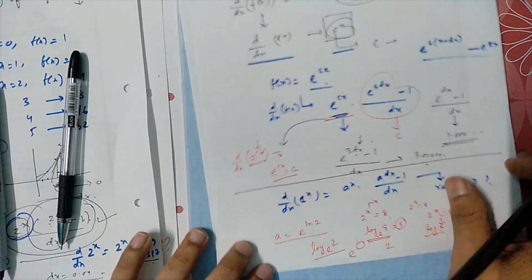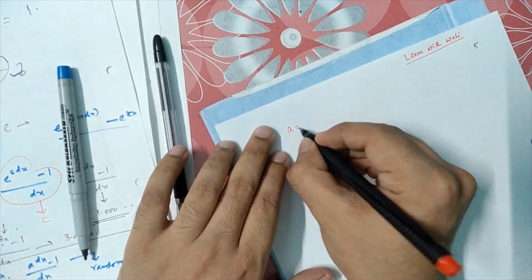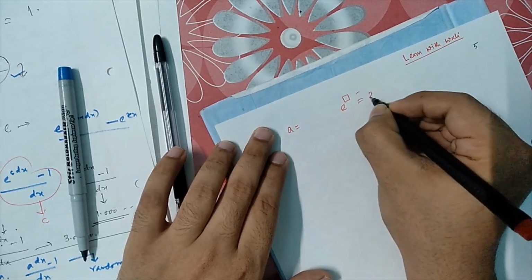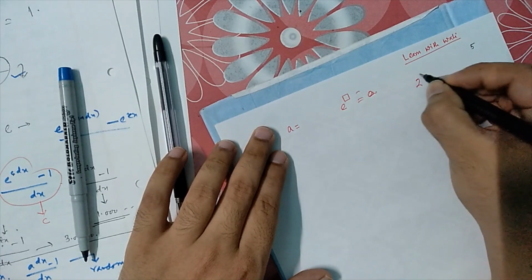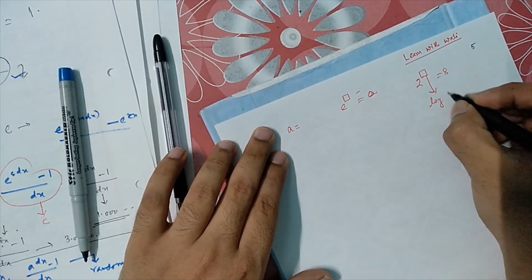Or maybe a. So let's check it here. Suppose e to the power what is equal to a. 2 to the power what is equal to 8. How did we get here? Log of this one.